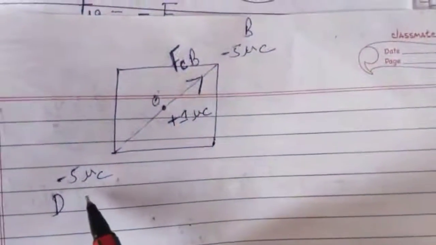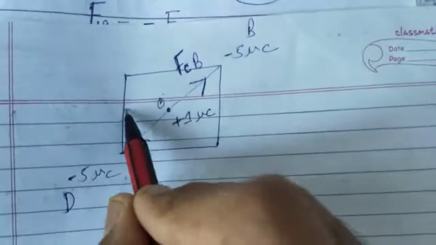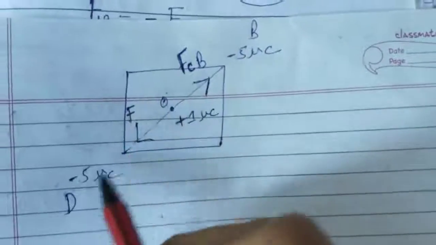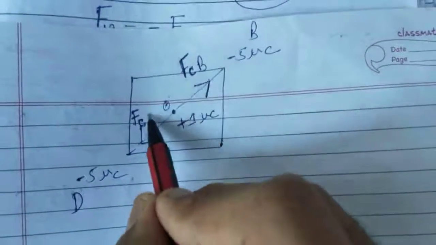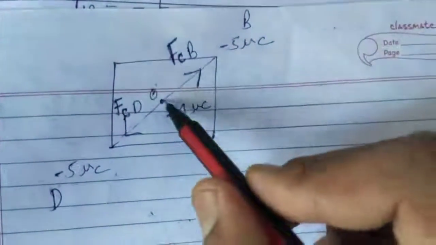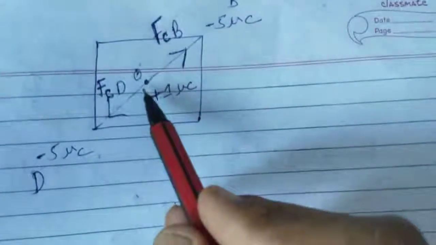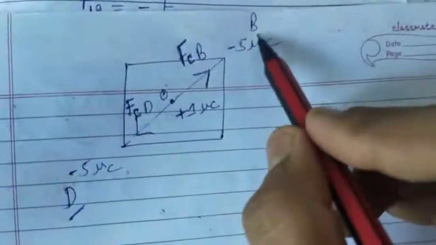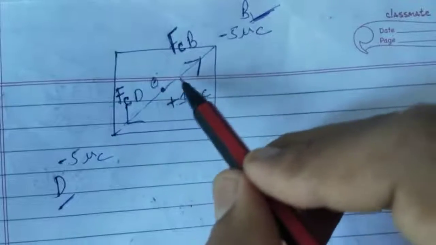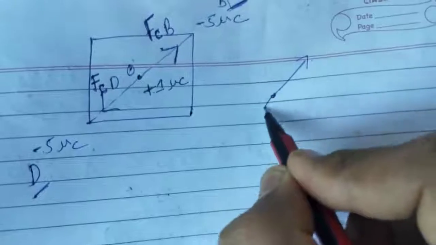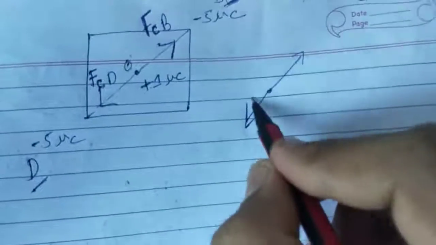And this is also a negative charge. It will also pull this positive charge towards itself. What is the nomenclature of that force? It is the force acting on the center due to D. The amount of force it is pulling will be equal to the attraction force applied by charge B on the center charge, so these two forces become equal to each other and cancel each other.